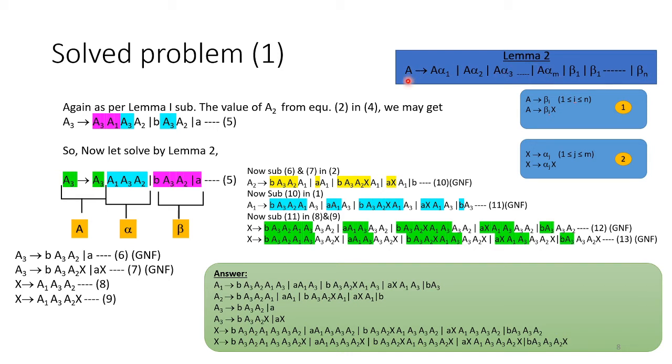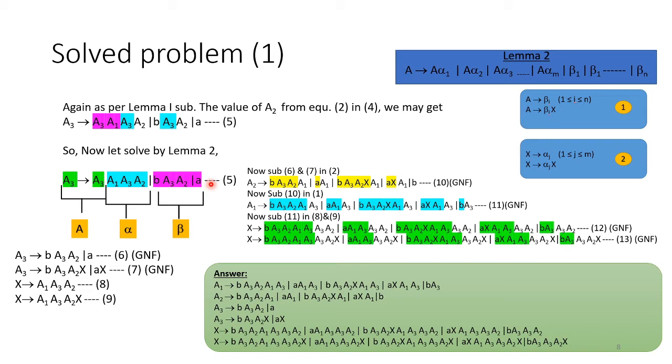In lemma 2, if I have A gives A alpha 1 and so on, and beta 1, I can subdivide this into A gives beta or beta X, where X gives alpha or alpha X. Here this is my A, these are my alphas, and these are my betas, beta 1 and beta 2.